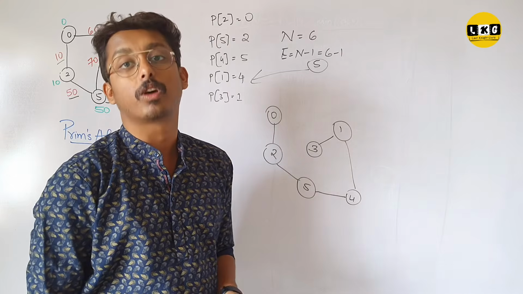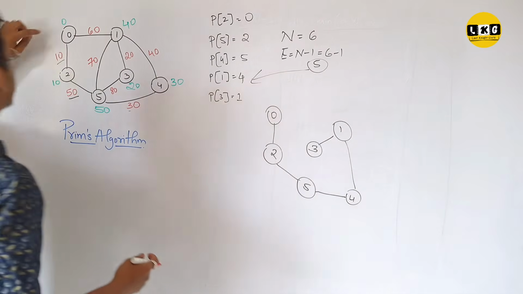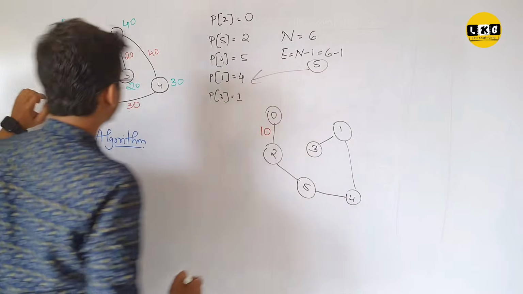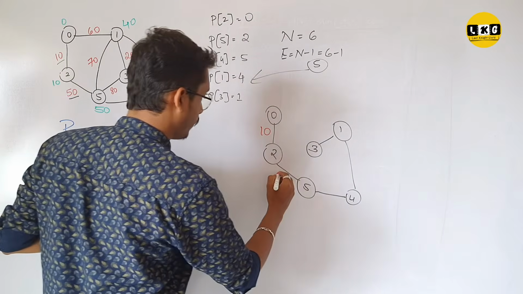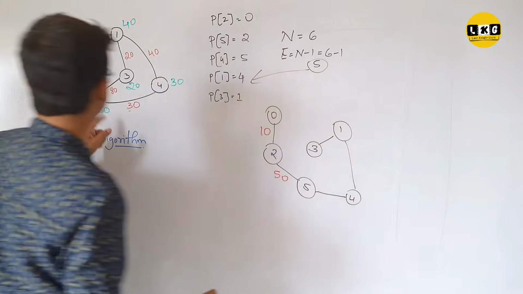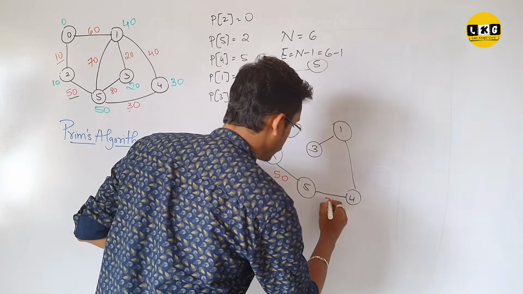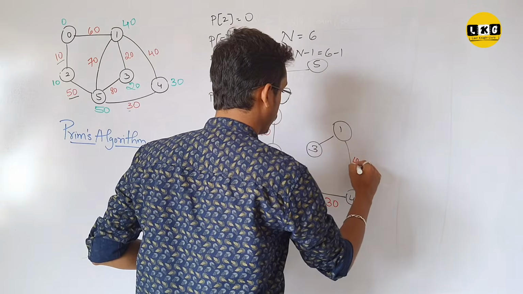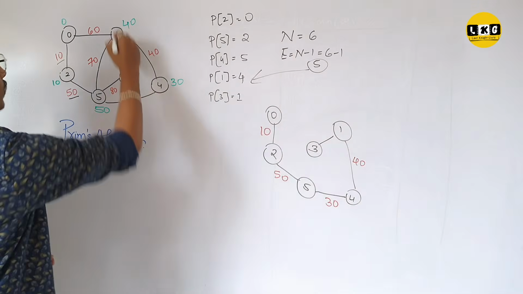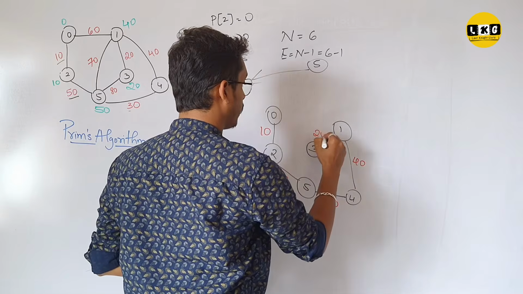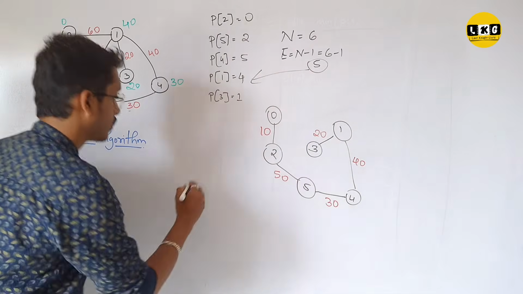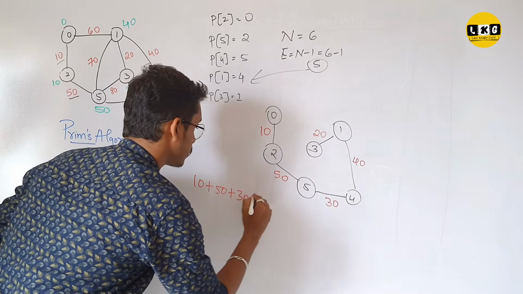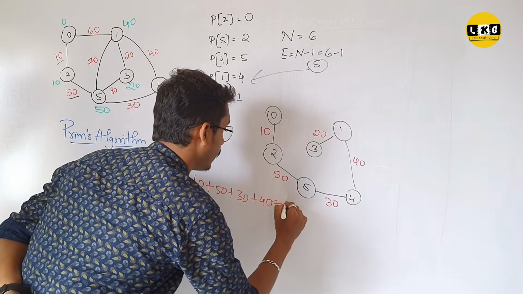Now, what is the minimum cost that we are having? From 0 to 2 the cost is 10. From 2 to 5 the cost is 50. From 5 to 4 the cost is 30. From 4 to 1 the cost is 40. And from 1 to 3 the cost is 20. Now add all this: 10 plus 50 plus 30 plus 40 plus 20.